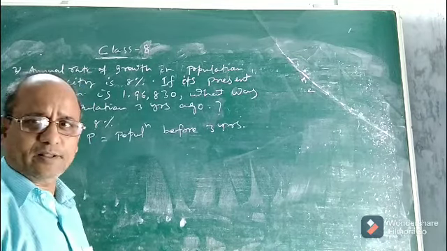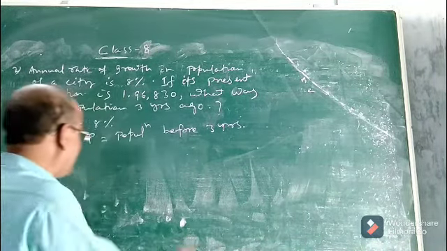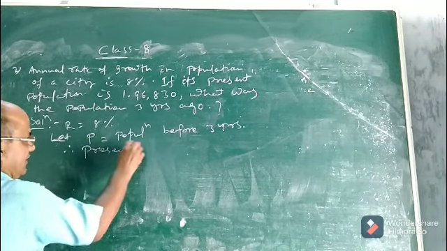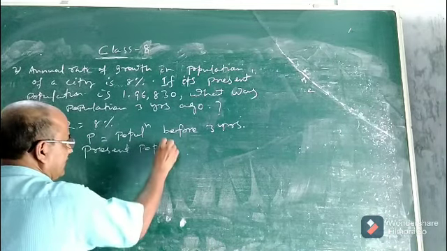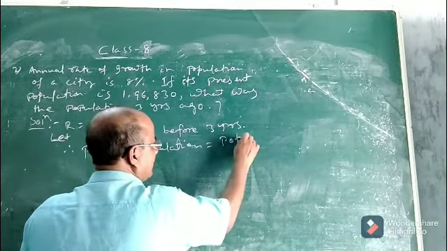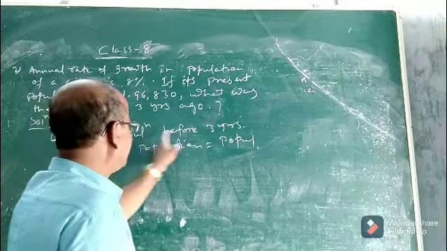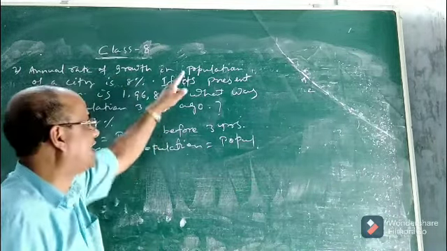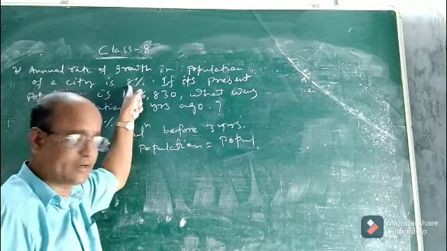Then what will be the present population? Present population means the population after 3 years. P is the population 3 years ago, but it is increasing at a rate of 8%.